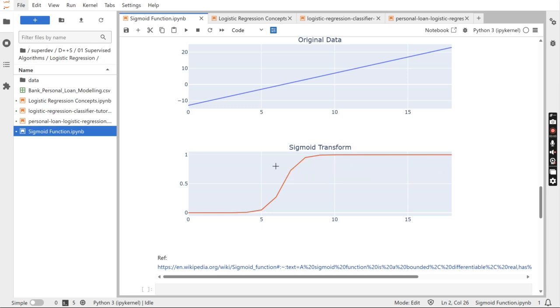We want to give a loan to certain people, and we pass all their x values, calculate slopes, and then multiply the slopes with x values to get the y value. Finally, the y values are passed into the sigmoid function, which compresses those y values between 0 and 1, and wherever the value lies on this curve, if it lies on the upper side, we will give them the loan. If it lies on the lower side, we will reject their loans. This is how logistic regression works.